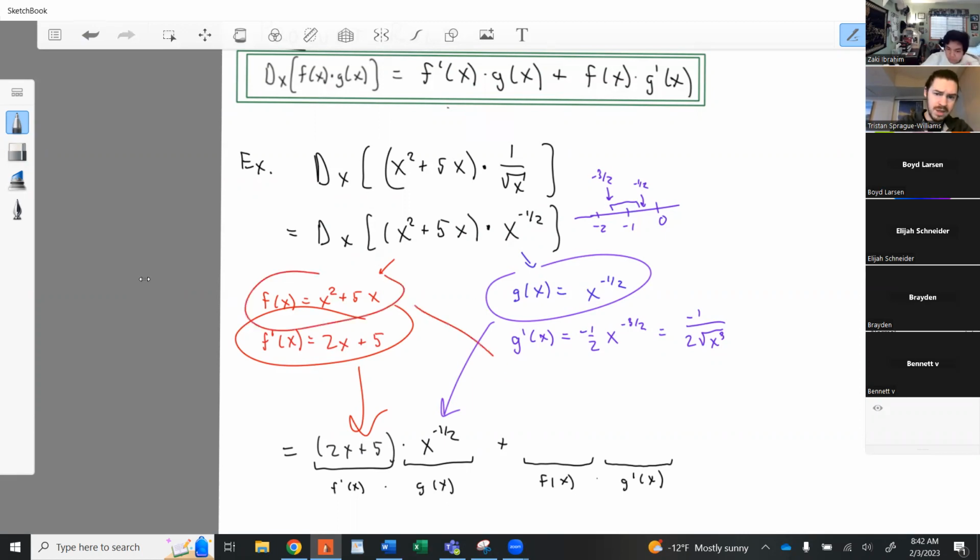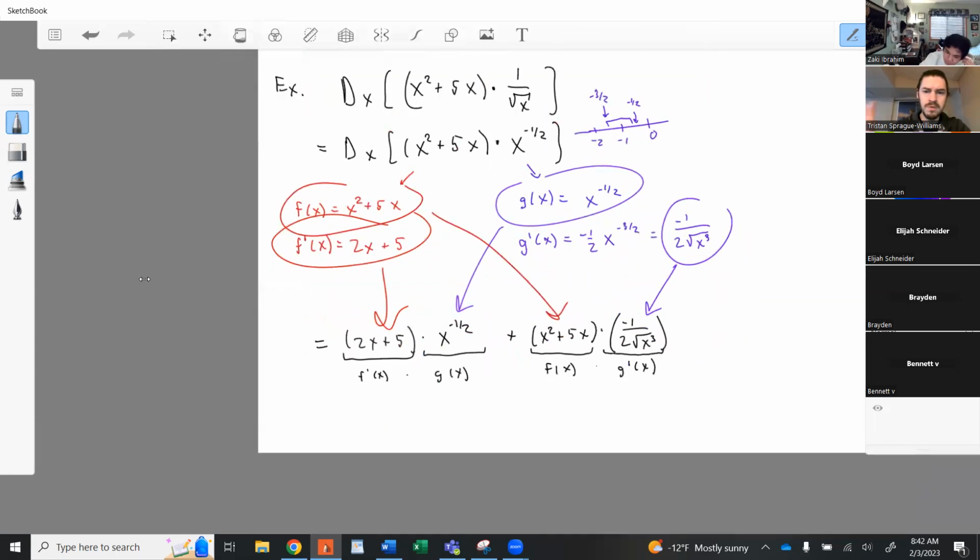That guy there, that's going here. So I got x squared plus 5x. And then I've got g prime, which is this fellow, going right in there. So times, I'll put parentheses, negative 1 over 2 times the square root of x cubed. So there we go. So that's our answer.